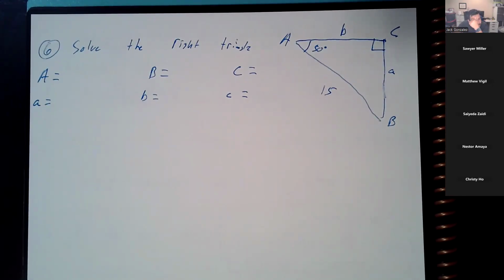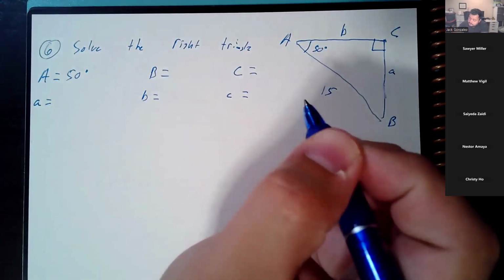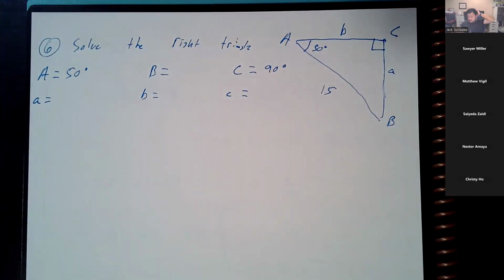So the angle shouldn't be too difficult, right? A was given. C is a right angle. So what is capital B? What does it have to be?